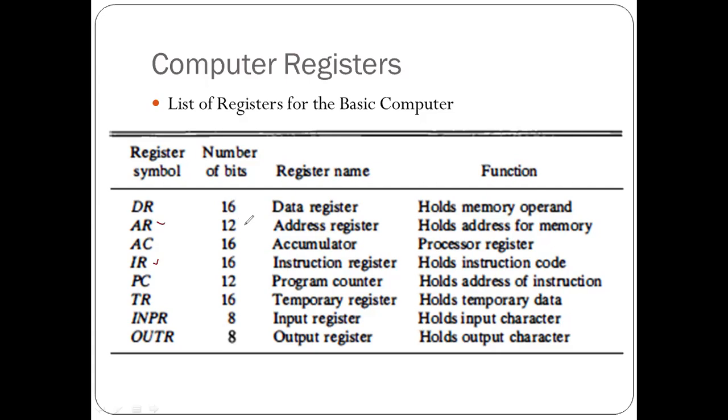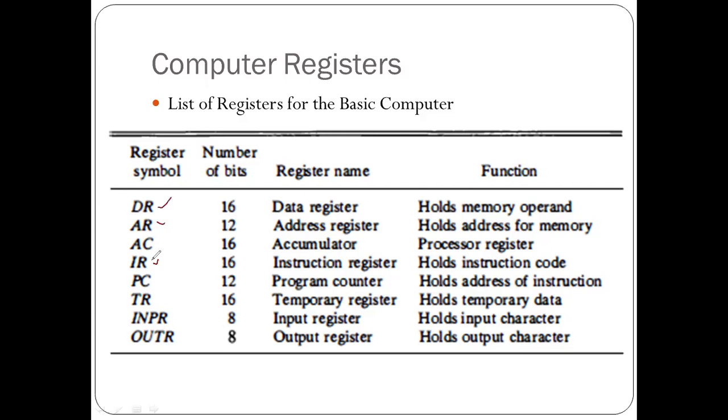So once you have the address of the memory location where your data item exists, you have to perform one more memory read operation for reading the data available in that memory location, right? The data is again 16 bits wide. For storing that data you require a register, called the data register.